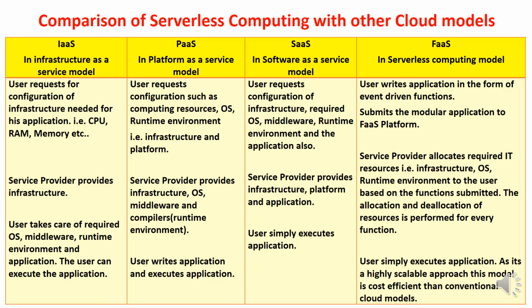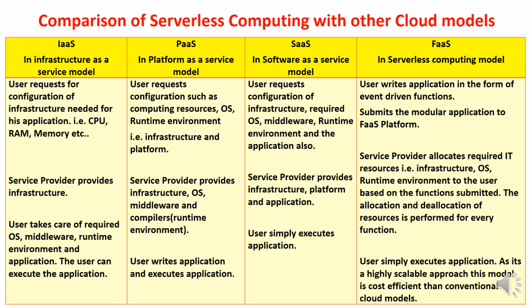The user requests configuration of infrastructure needed for the application, that is CPU, RAM, memory, etc. The service provider provides infrastructure. The user takes care of the required operating system, middleware, runtime environment, and application. The user executes the application on the IT resources provided by the service provider.